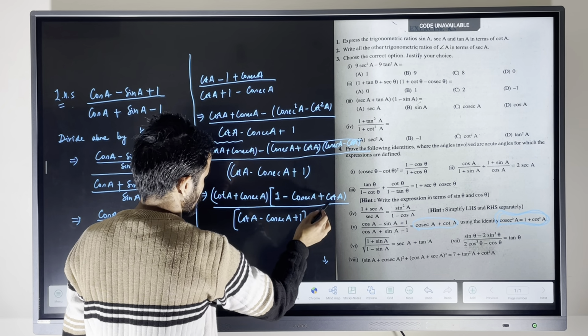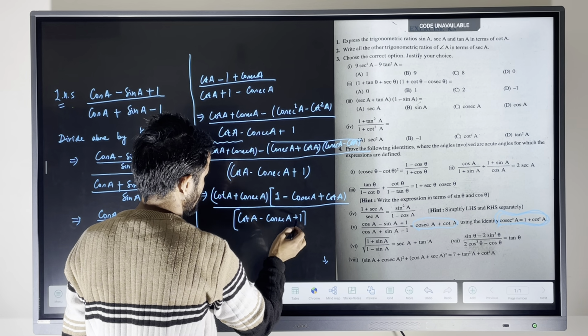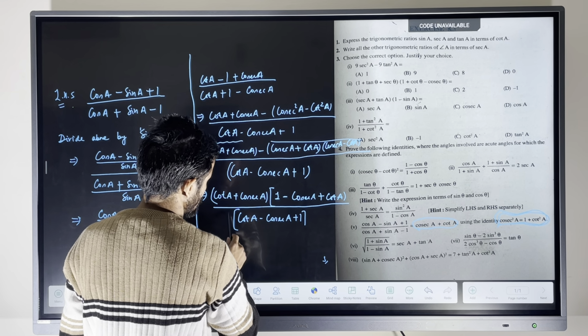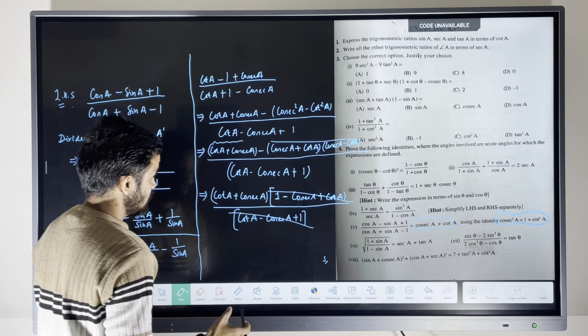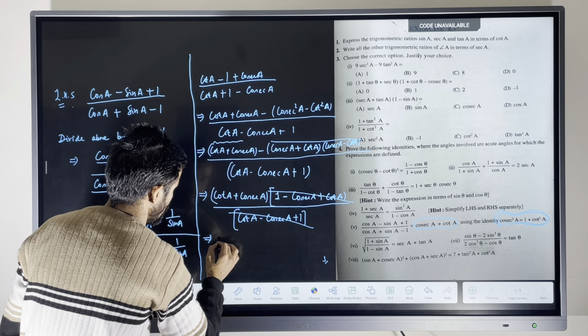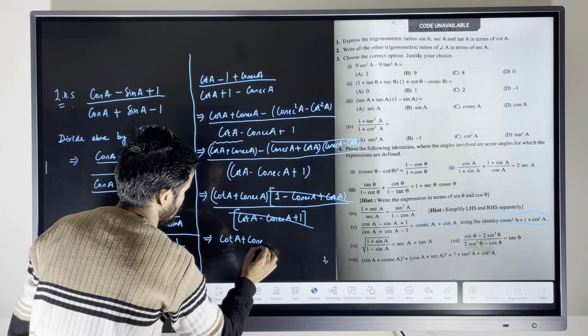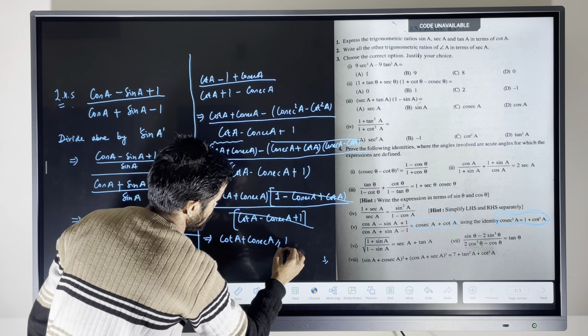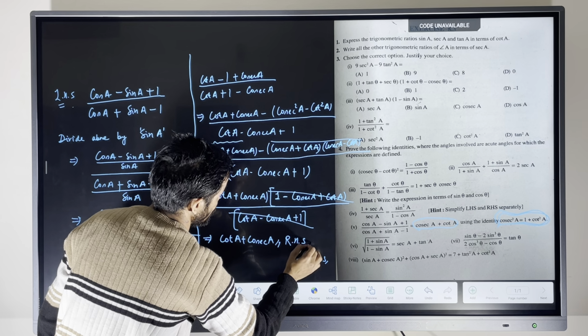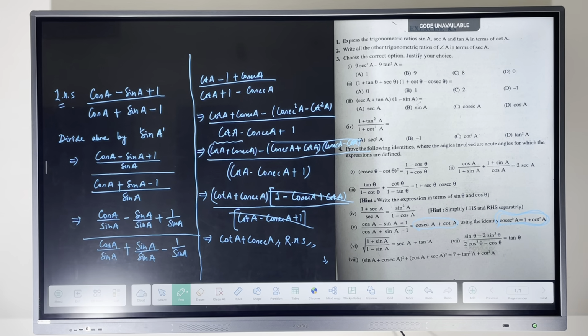Now we can see cot A, minus cosec A, 1, 1. Both terms are the same, so they will cancel out each other, and we are left with only cot A plus cosec A. So it is our right hand side. So we have solved the fifth part of question number 4.